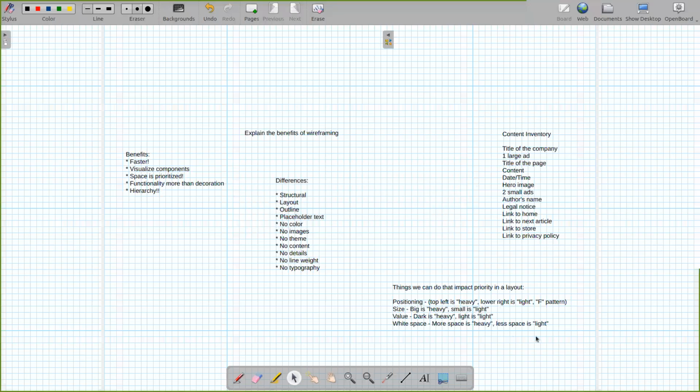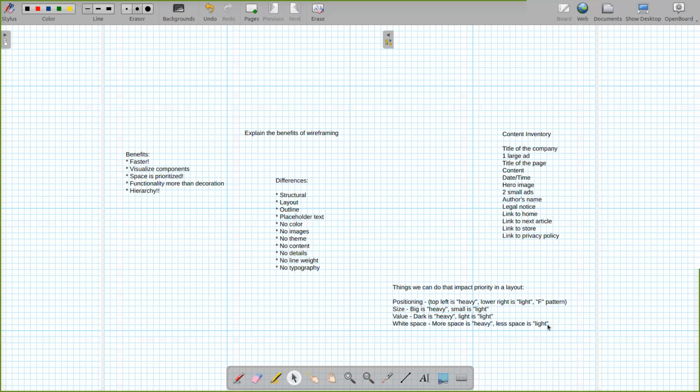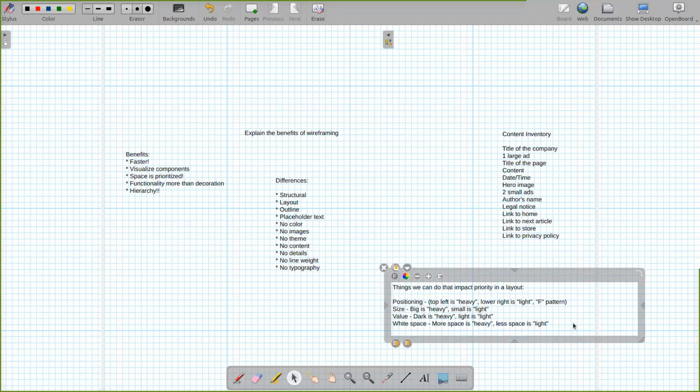Other things we can do. Just put borders around things. I would think of it less as a border and more as a grouping. So grouping: things that are adjacent are similar.